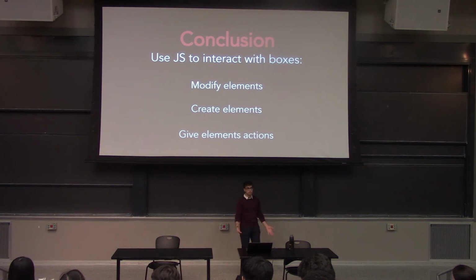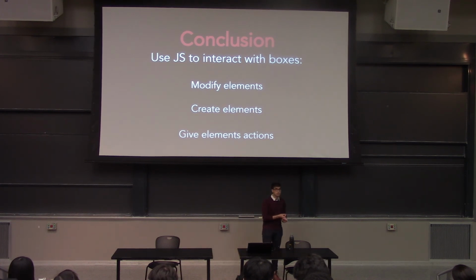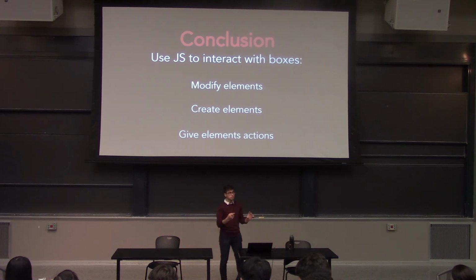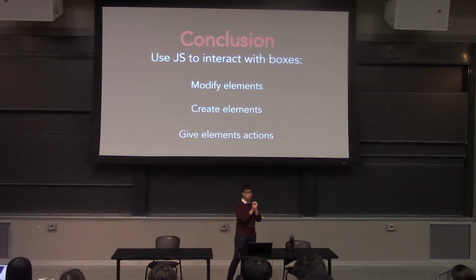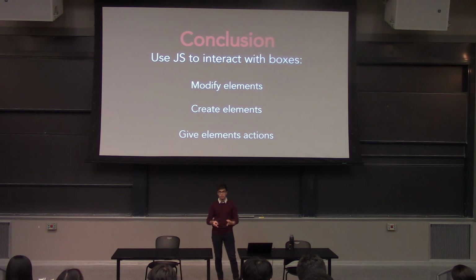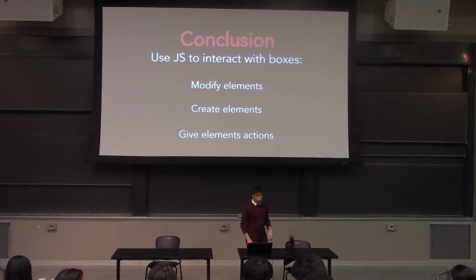We talked about several things today, but most importantly, you use it in web development to modify elements, create elements, and give them certain actions. The main functions are getElementById, and appendChild, and addEventListener. Okay? And so that's all for JavaScript.